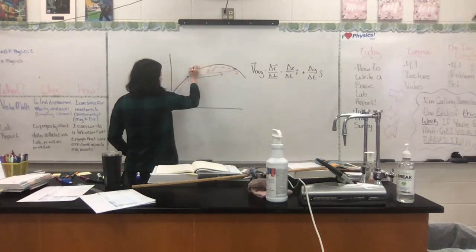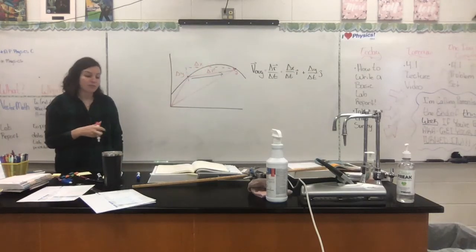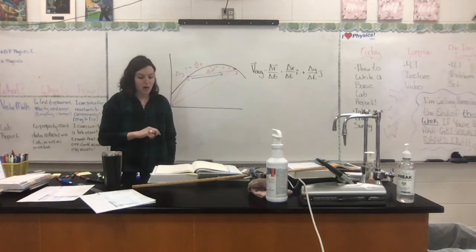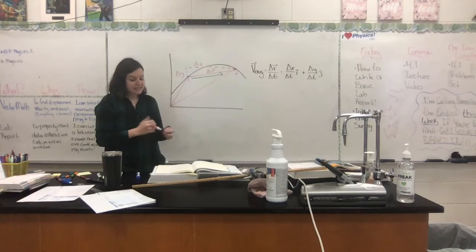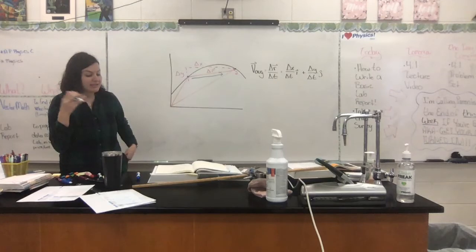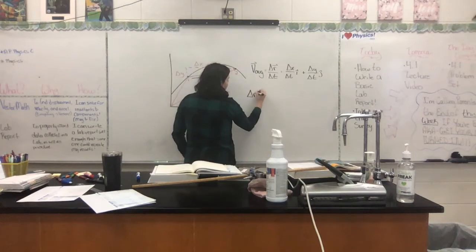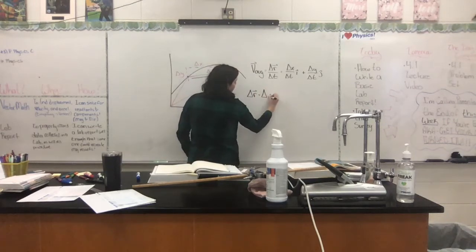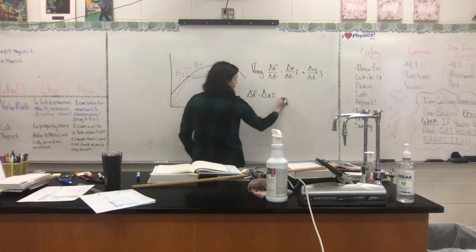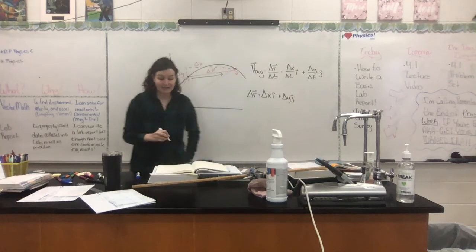So this will be our x component, and this will be our y component. So this would be our delta y, and this would be our delta x, from breaking that up into its x and y components, okay? Displacement now, instead of being a final position minus an initial position, is going to be that delta r equals delta x i hat plus delta y j hat, okay?